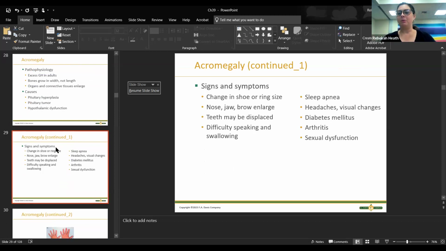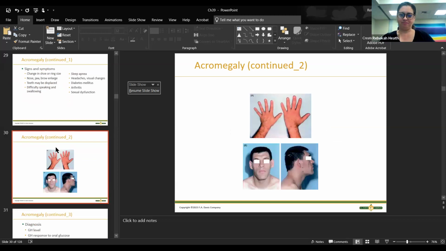You're going to see people with this big sloping forehead that keeps enlarging. Their jaw might increase in size. Because of that, the teeth might start moving around and shifting. They can have a larger tongue as well. That might make them have a little bit of slurred speech, difficulty swallowing, sleep apnea. It can lead to a lot of other issues: arthritis, sexual dysfunction.